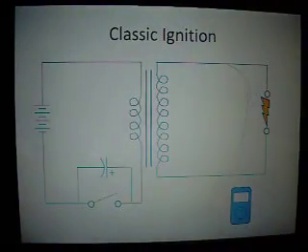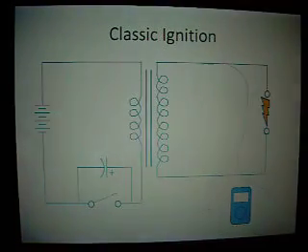This is actually the circuit that I built my demonstration to originally. Unfortunately, I was unable to get any sparking whatsoever, so a little bit discouraging. But I did notice that with my voltmeter, I was able to detect some voltage fluctuations across the secondary inductor of this transformer.